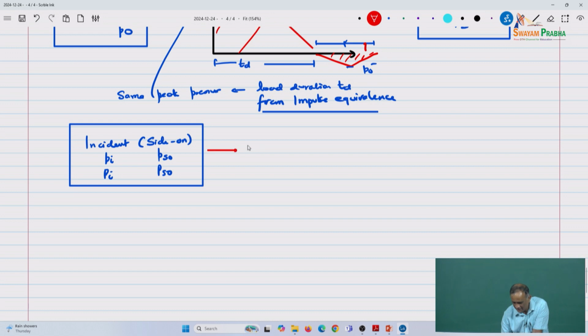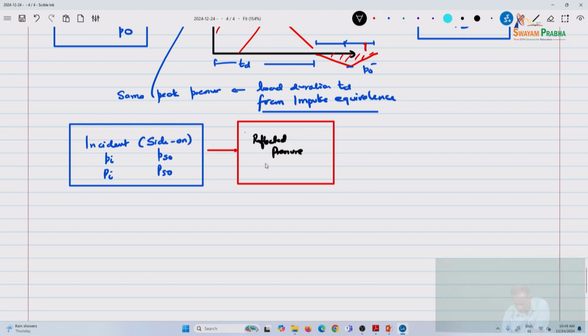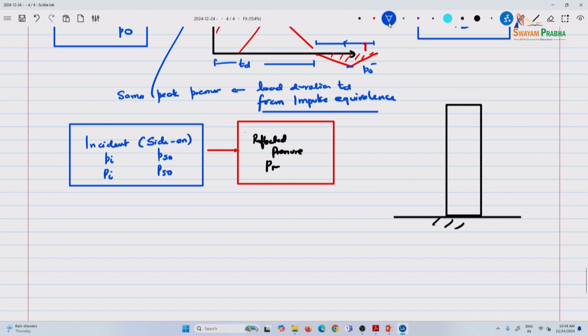And then on a structure, you have reflected pressure. Reflected pressure is going to be PR. We have seen yesterday that just before it strikes, and of course, it is not going to be uniform, this is your PSO, and then it reflects off the structure as soon as it hits the structure itself.